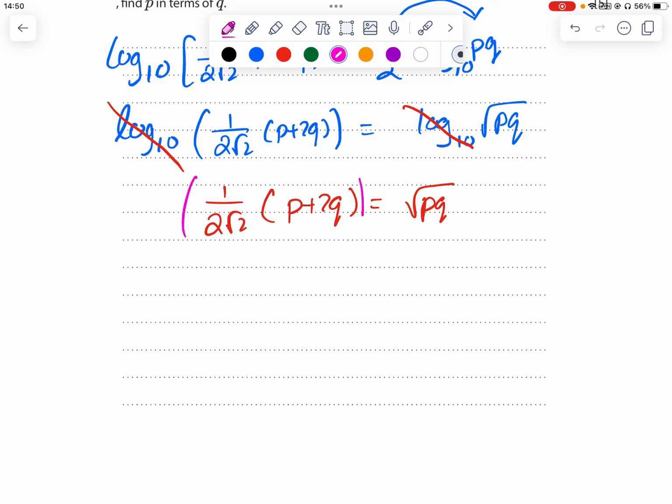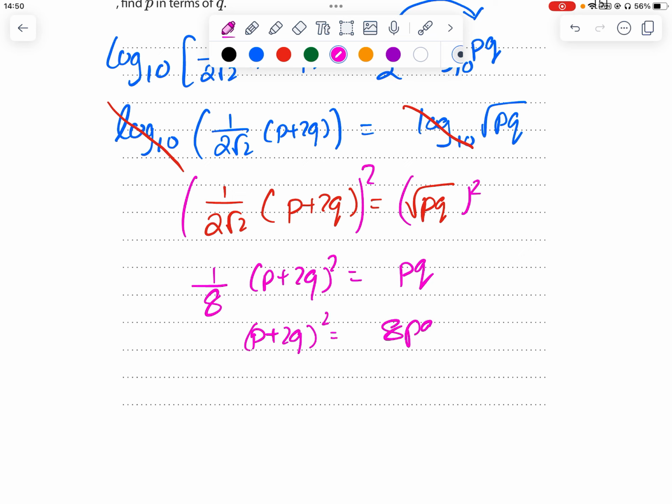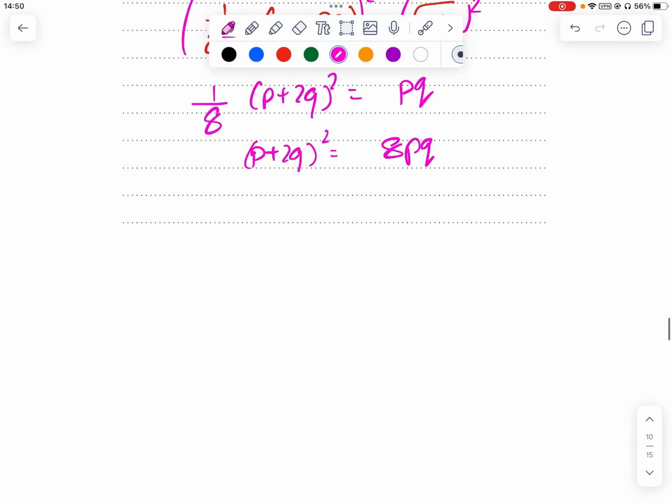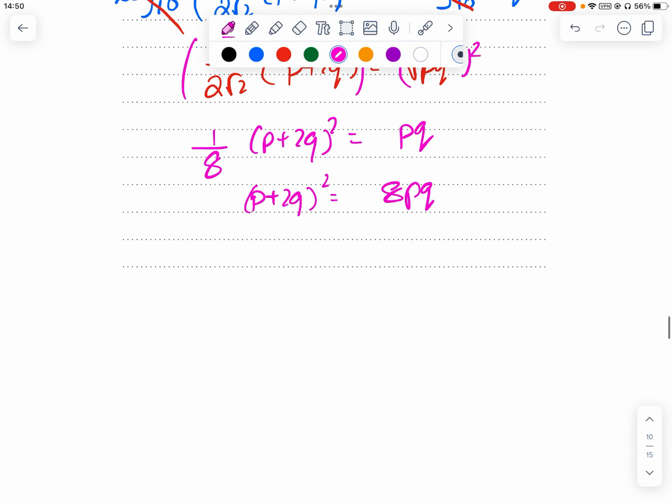Then I get 1 upon 2 root 2 times p plus 2q equals the square root of pq. I am squaring on both sides. So it becomes 1 upon 8, p plus 2q whole square, equals pq. So p plus 2q whole square equals 8pq. Expand that one. p square plus 4pq plus 4q square equals 8pq.